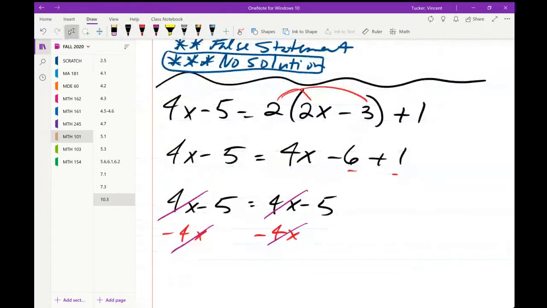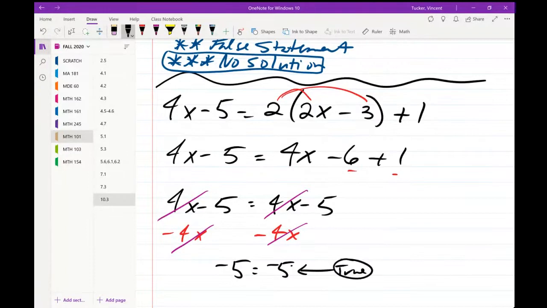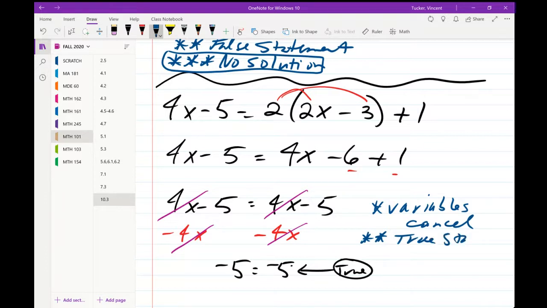But this time, we have a true statement. So if you end up with a true statement, then your answer would be all real numbers.